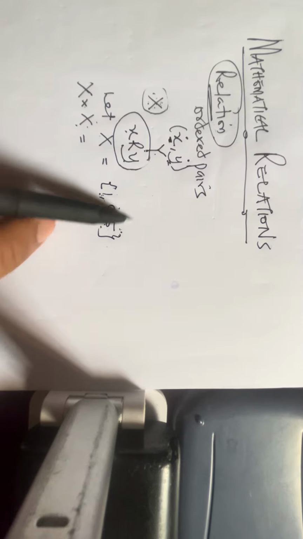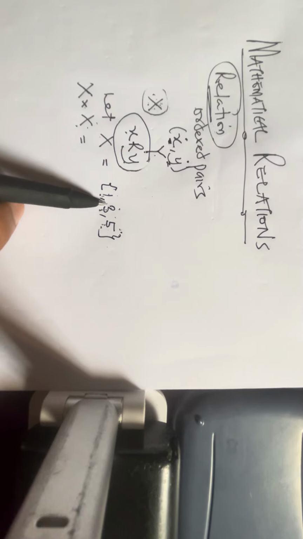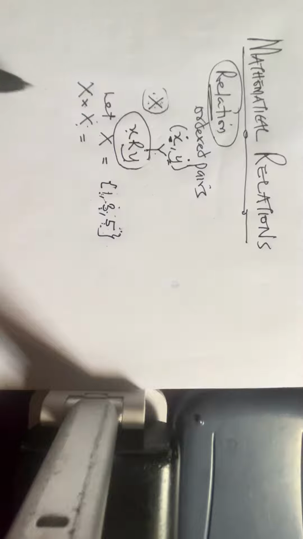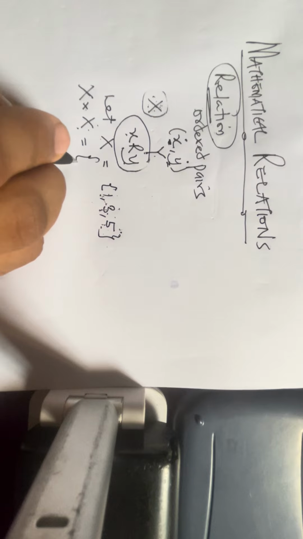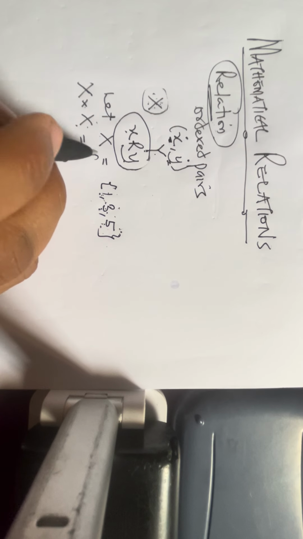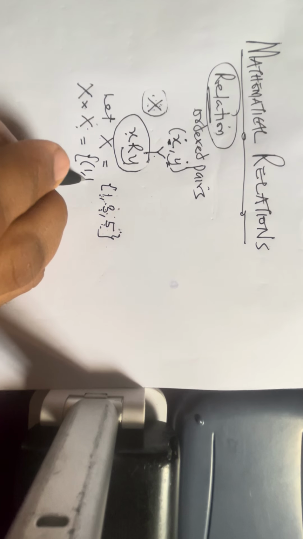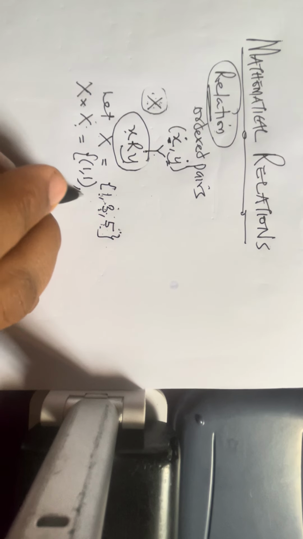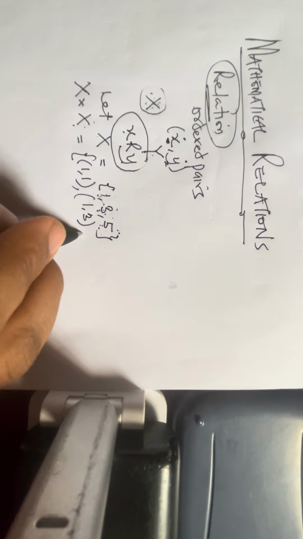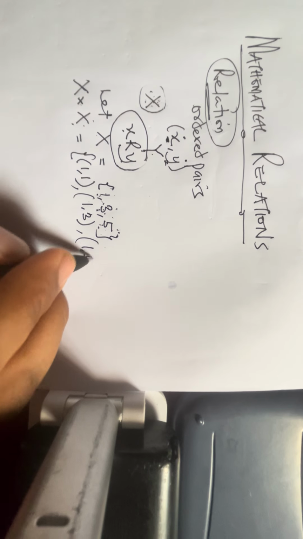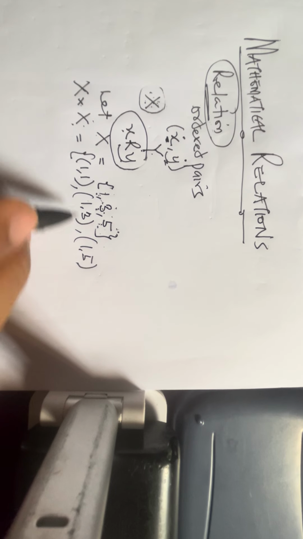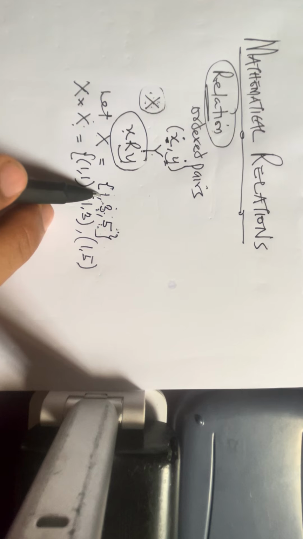When we come to 5, we go to 1, 5, 3, 5, 5. We'll create a set like this. We write 1 comma 1, then 1 comma 3, then 1 comma 5. Then we are done with 1.